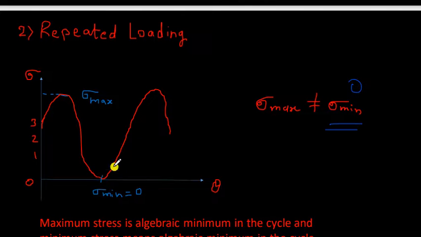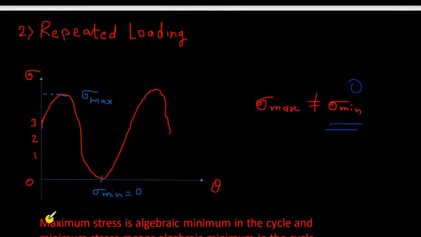You can see this case in the braking system. While we apply the brake, there will be a maximum stress. If we are pushing the brake pedal of, let us say, our vehicle, then there will be maximum stress generated inside the material of the brakes, and once we release the brake pedal, there will be zero stress inside the brake material.